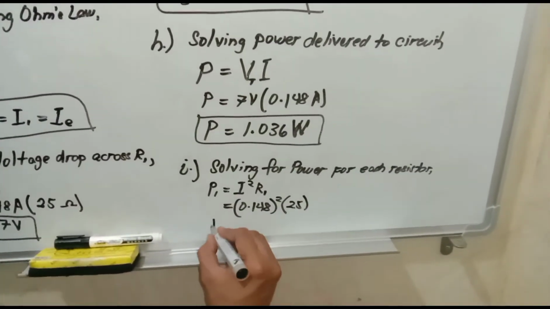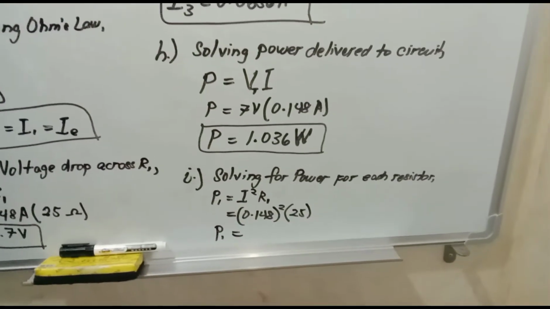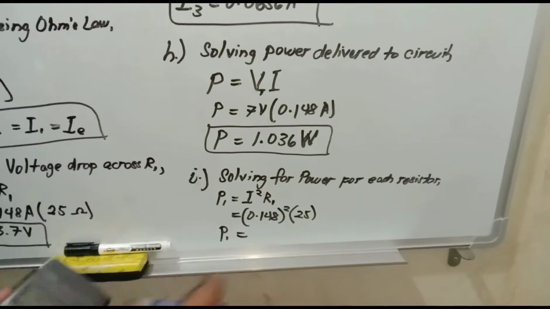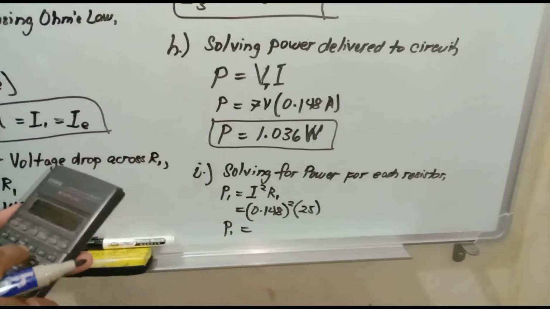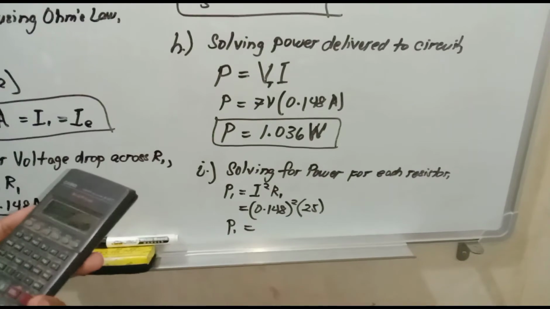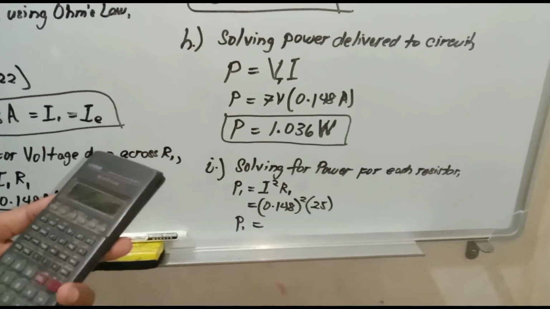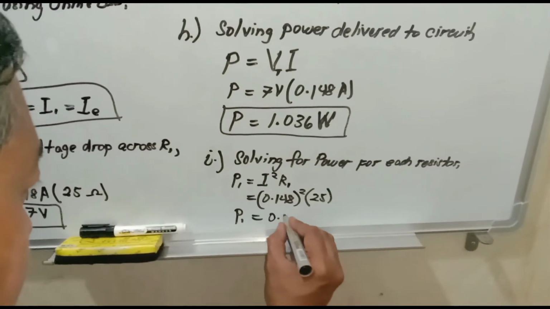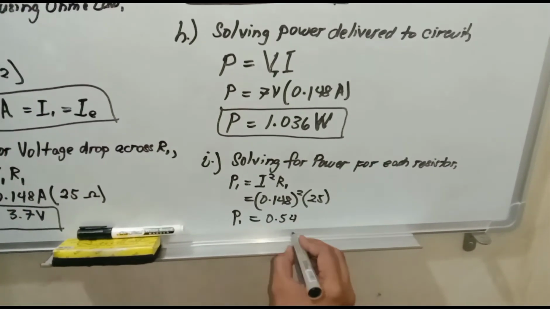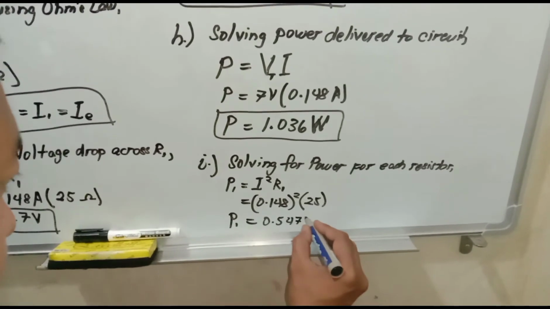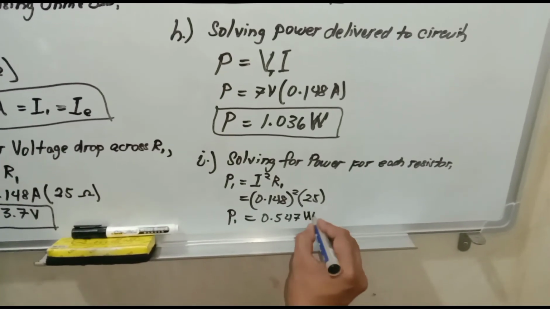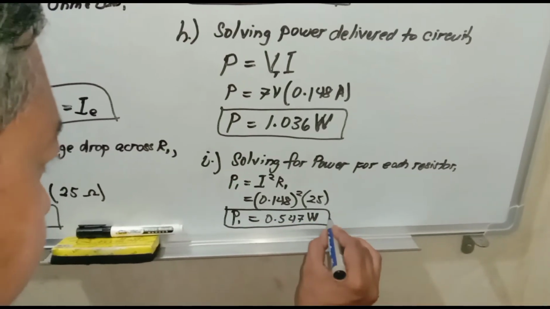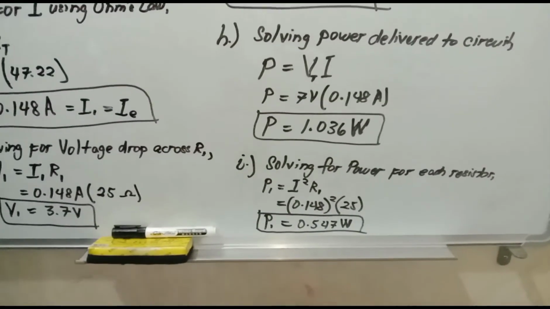So P1, how much, guys? 0.148 squared times the resistance, 25 ohms, equal to 0.547 watts. So this is the power dissipated for resistor 1.